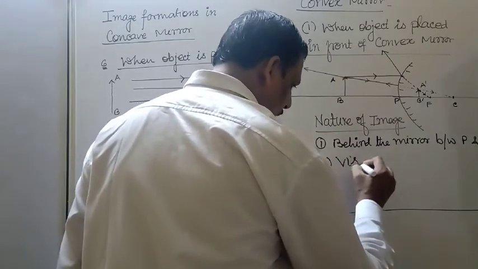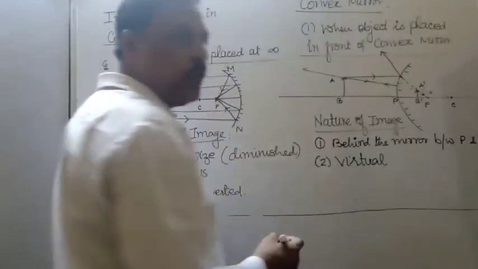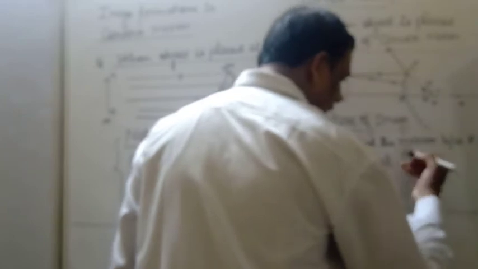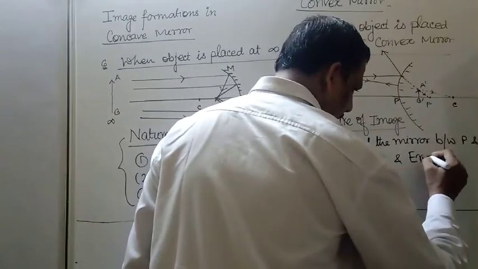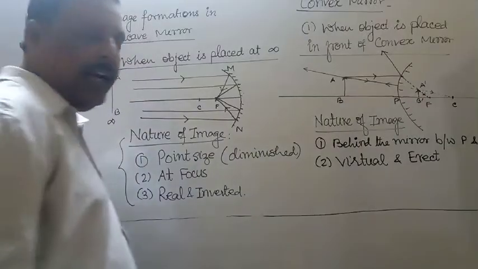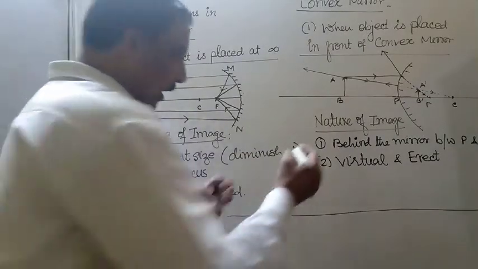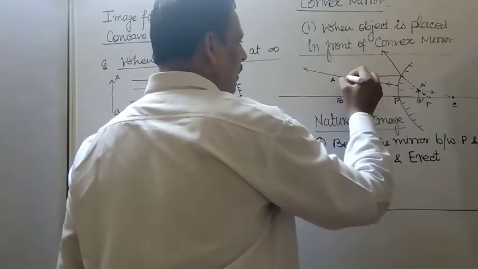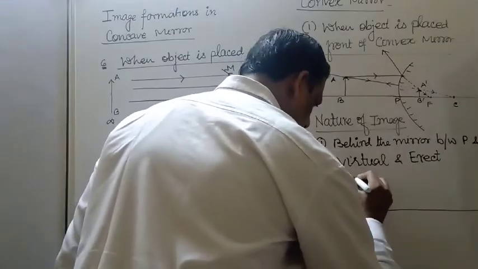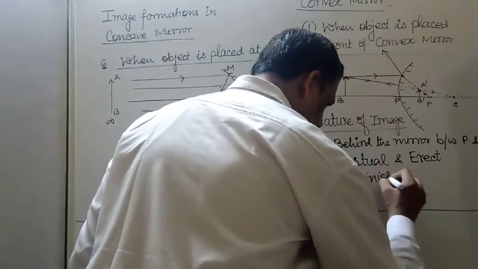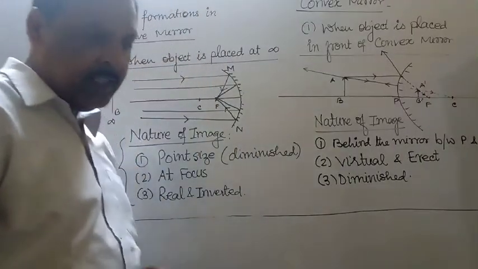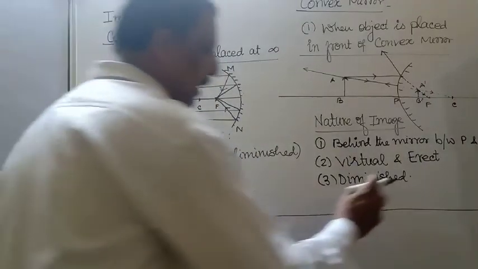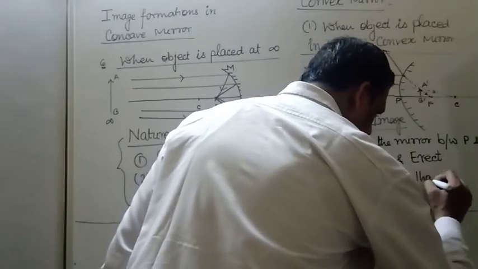It will be virtual and erect, straight. And third thing, it is comparatively small. Our object was of such size, the image is small, diminished. Diminished means small in size than the object.